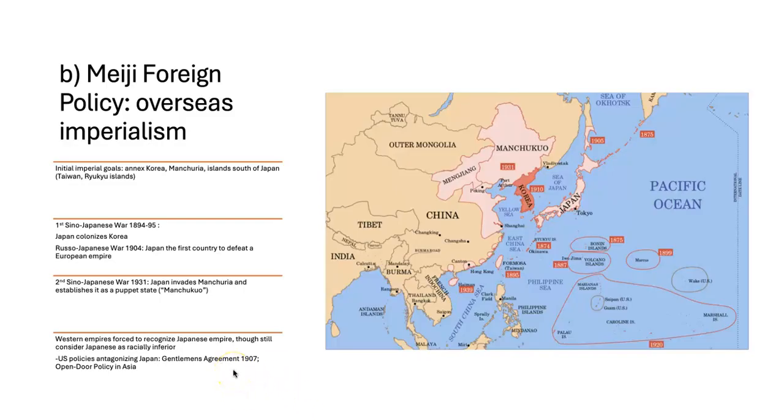Roosevelt said this: okay, the United States would not segregate Japanese and Korean school children. They would not force them into so-called Oriental schools. But in return, the Japanese could no longer send immigrant laborers to the West Coast. So that is how they reconciled. That's how they compromised in this tension that erupted. And that's the Gentleman's Agreement.